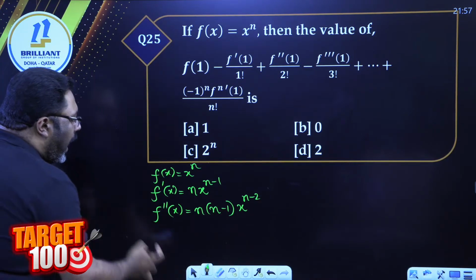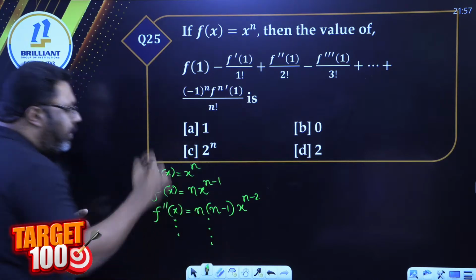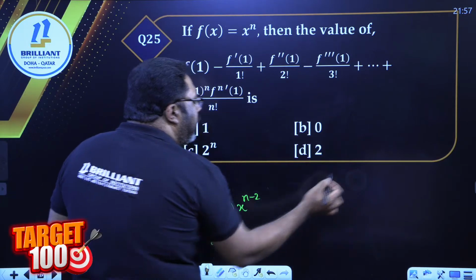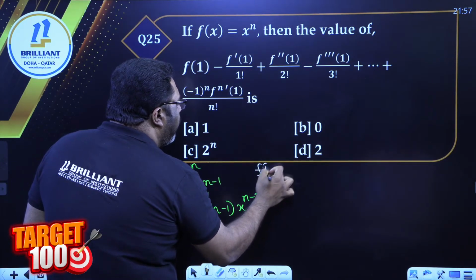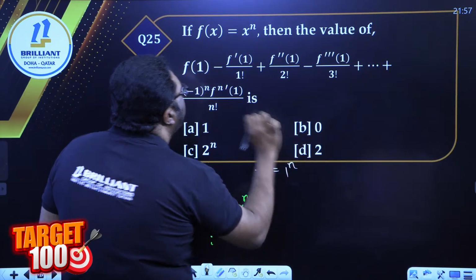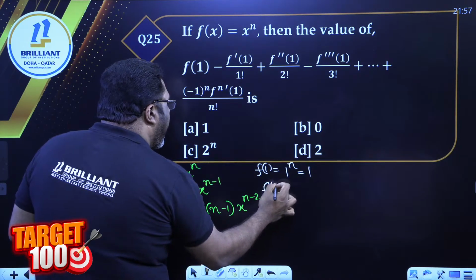Now I will stop here because I am not interested in any more derivatives. I will tell you why. Because they are asking you to find with respect to the value of x equal to 1. Then what is f of 1? It's 1 raised to n, which is 1, no doubt. What is f dash of 1?